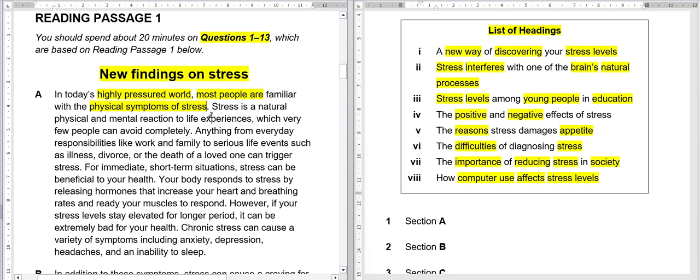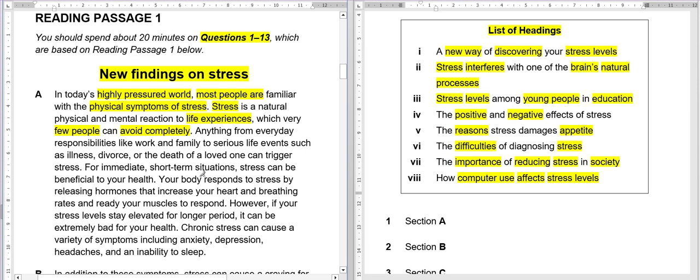Stress is a natural physical and mental reaction to life experiences, which very few people can avoid completely. So obviously, very few people, almost negligible, can avoid stress completely, because it's a natural reaction to experiencing life. When you experience life, whether it's a good or a bad experience, you will react accordingly.